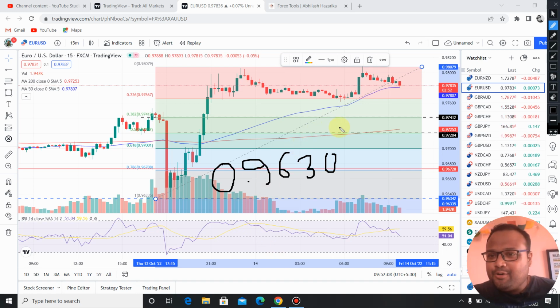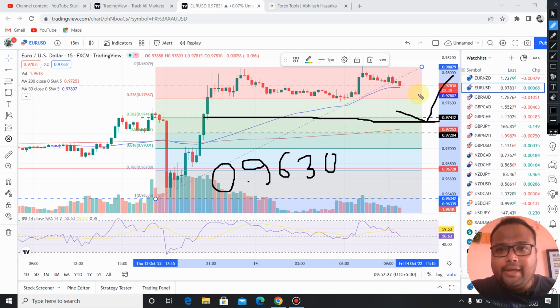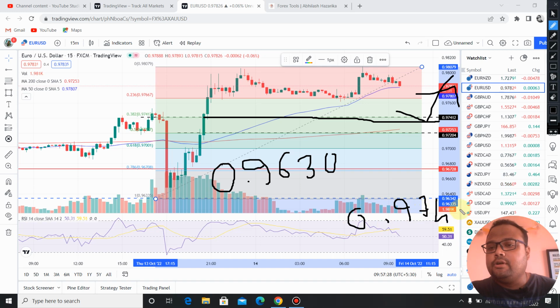So first support, especially during the Asian session and the European session, when there is not crazy volatility in the market, when the market is not too wild, then we can expect the market to reverse from here.